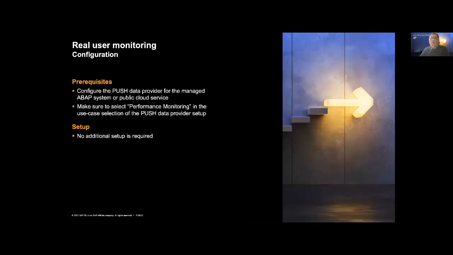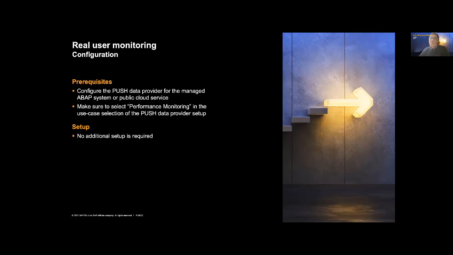So how can we start to use it? First step, for sure, you need provisioning and also to onboard the users. And for real user monitoring, you also need to configure the push data provider for the managed ABAP system or public cloud services.